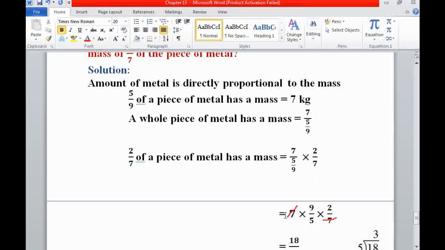Okay, and now, 7 divided by 5 upon 9, we are converting this division into multiplication.